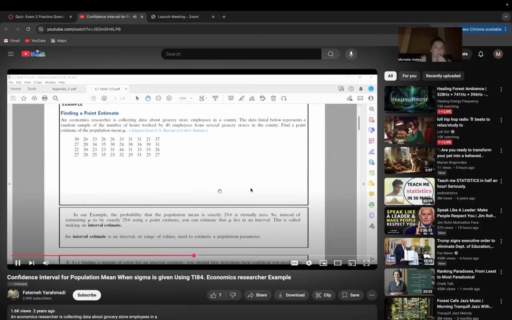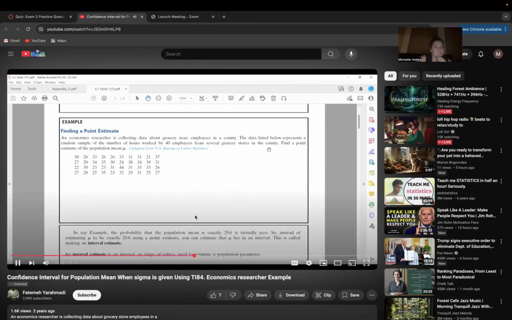A volunteer from group 4, please read the example for us. Is it finding a point estimate? Correct. Okay, and the economics research.